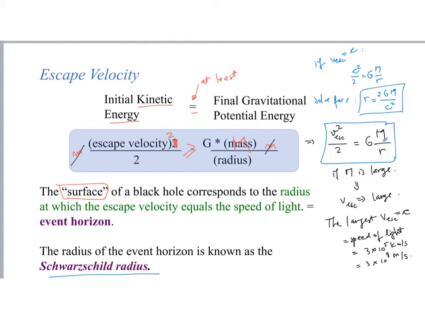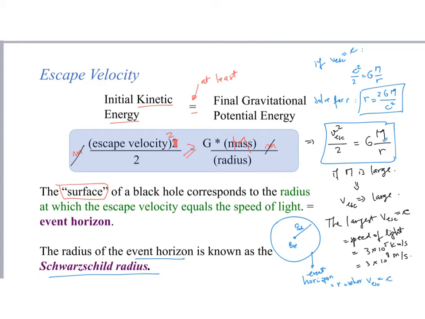And that is called the event horizon. So this is the black hole, and we have the Schwarzschild radius here, and we're going to call this the event horizon. So that's the distance from the black hole, r, where v escape is the speed of light.